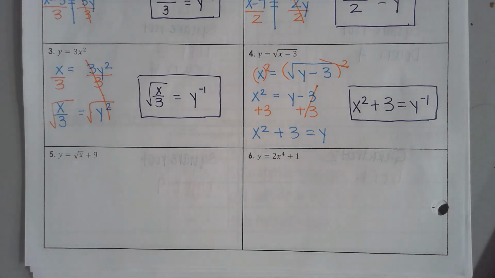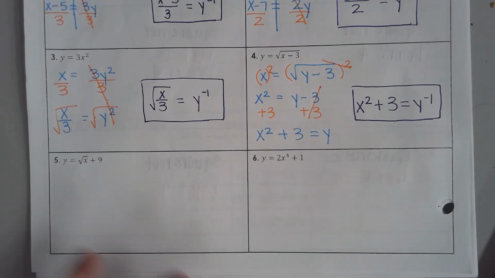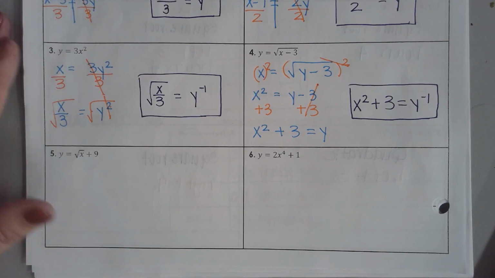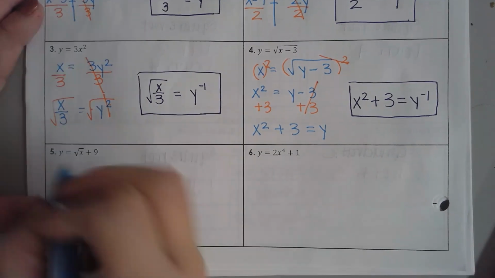This would be a square root function that went up 9. The last one, number 4, would be a square root function that went right 3. We learned that yesterday. So if you have something added or subtracted outside, we need to get rid of that first. So let's rewrite it.